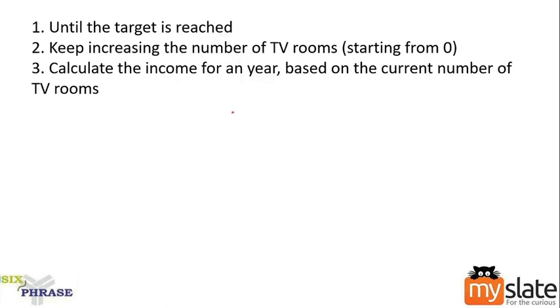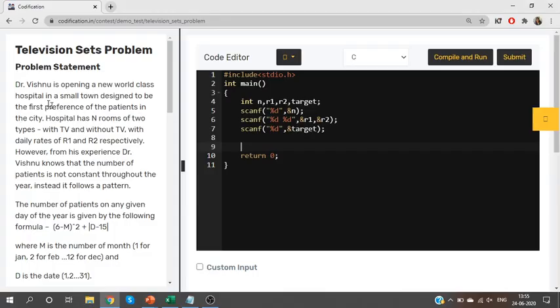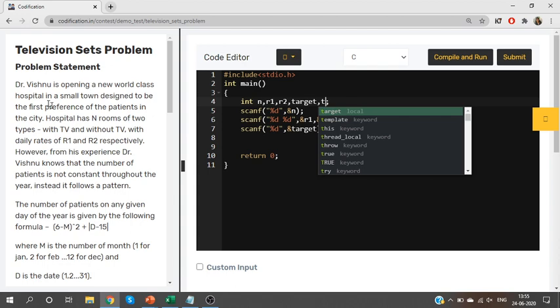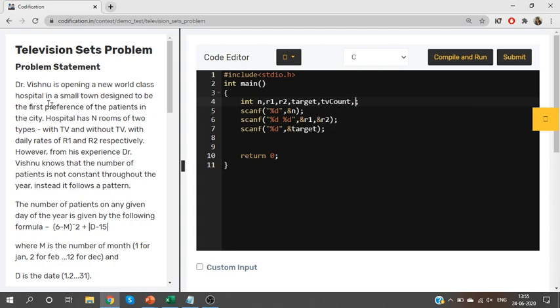To calculate income for an entire year, first let us finish off the first two steps. Let me write the code for these two steps, then we'll go to the third step. Initially, have a variable TV count and a variable current income, just to calculate income for each year. Let us zoom this place.